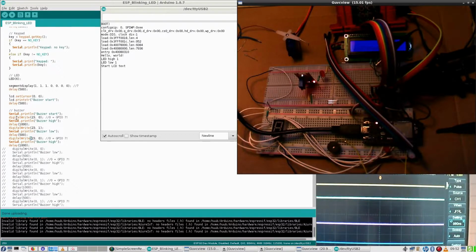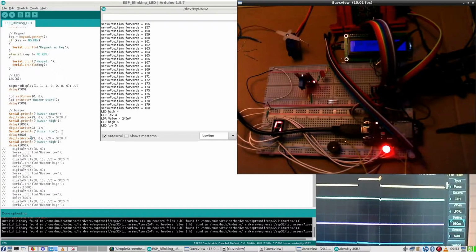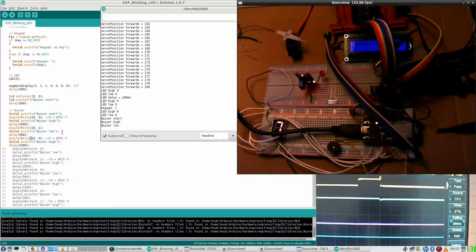And then I should define digital write 23 standard as off, which means 1. But let's see how this works out. And that's it.